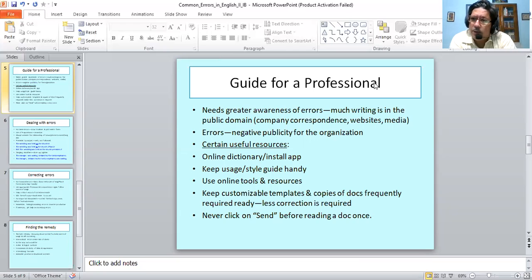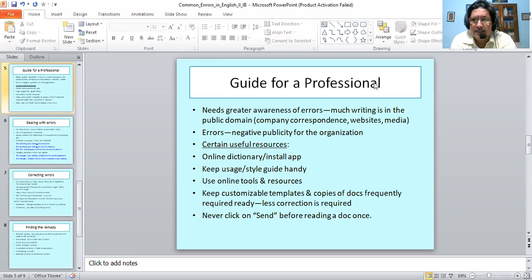So you would need to edit less because it is a corrected version. You just need to make some changes to that to fit in the present document which you are submitting. So keep the things ready and corrected already.